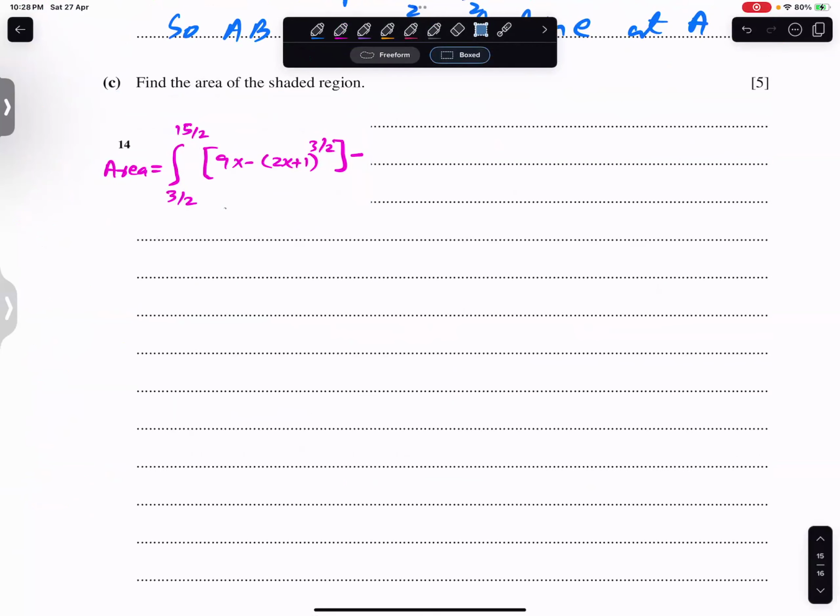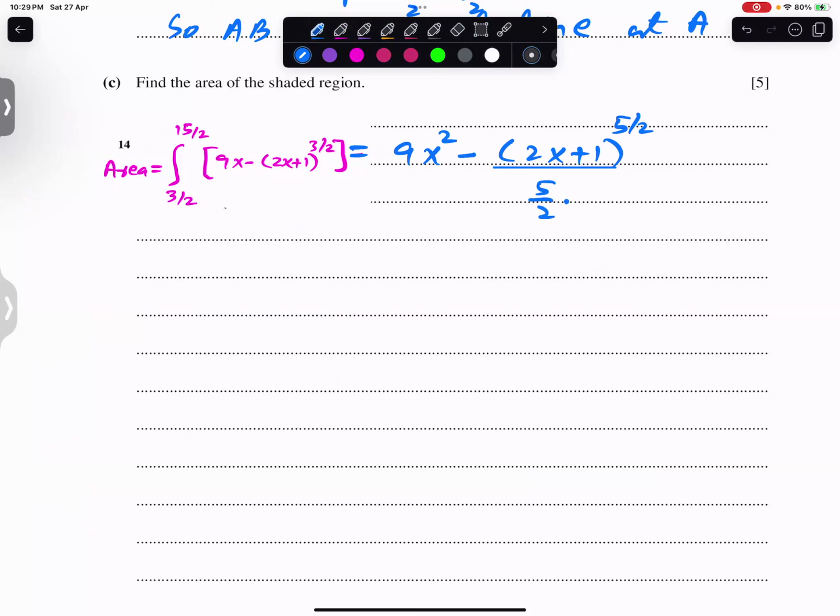Okay, let's integrate it now. So 9x square minus (2x plus 1) power 5 by 2 divided by 5 over 2 into the derivative of the inside, which is 2. The limits are 3 by 2 to 15 over 2. The 2 will be cancelled out.